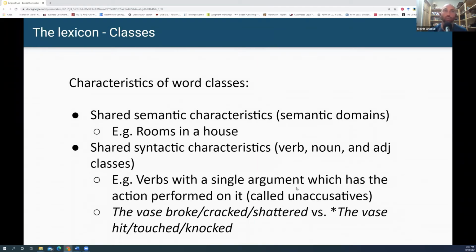And so what that tells us is that these two words have something in their meaning that is leading them to be allowed in one syntactic context and disallowed in another syntactic context.